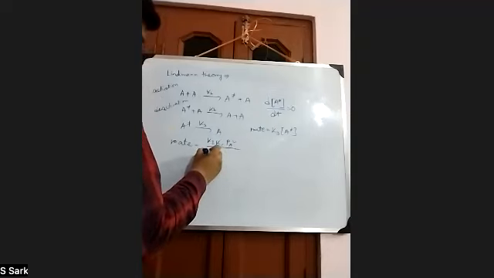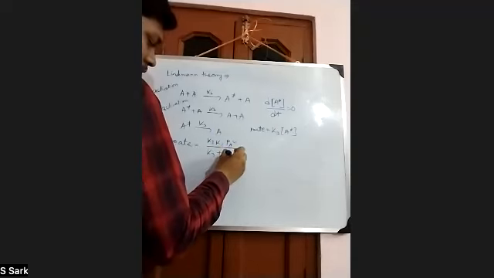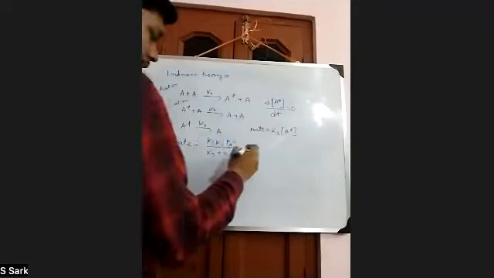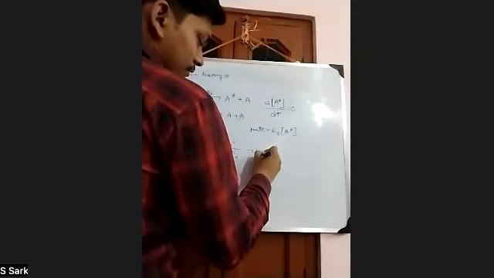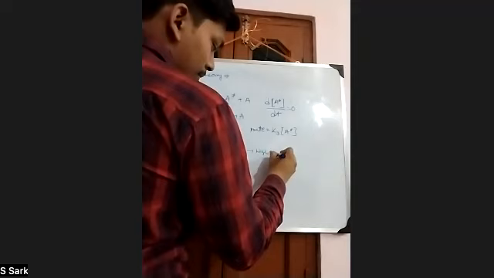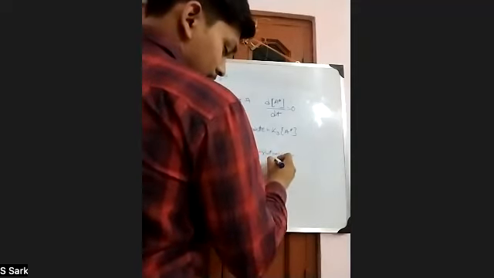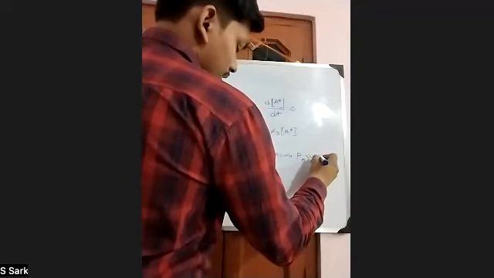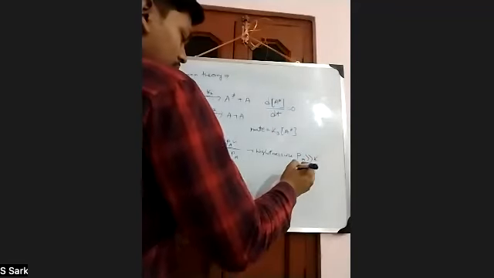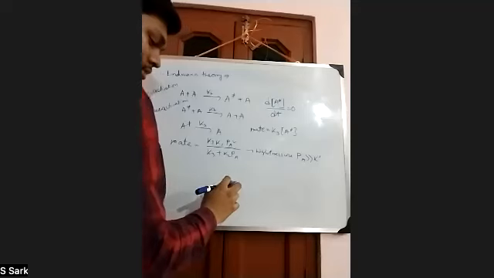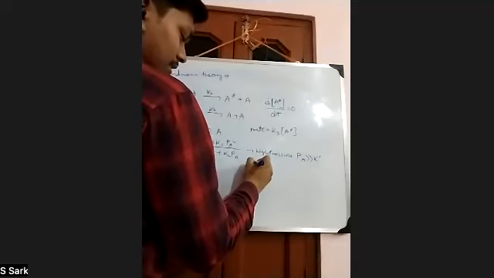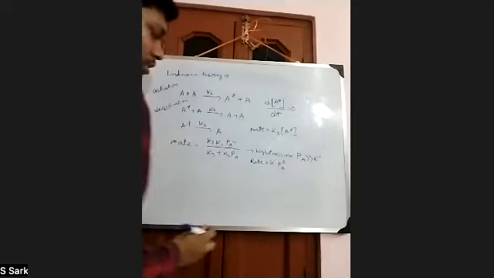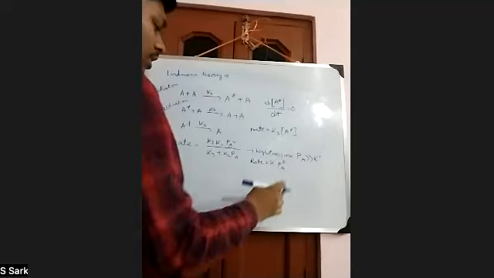This will be the final rate equation. And in case of high pressure, when PA is far greater than K3 K1, or let's say K prime, then the rate will be first order with respect to the reactant concentration at high pressure.